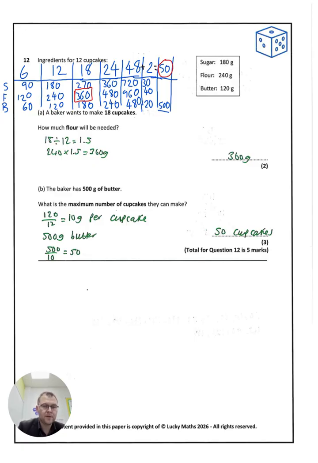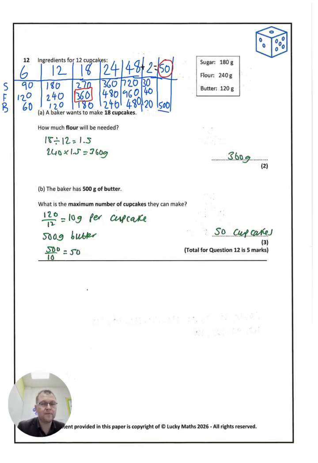And then when you've been given an amount, in this case 500 grams of butter, I think the best strategy here is to work, so we'll double 12 to 24, 24 to 48, and we can see that for butter it's 480 grams, which is for 48 cupcakes.